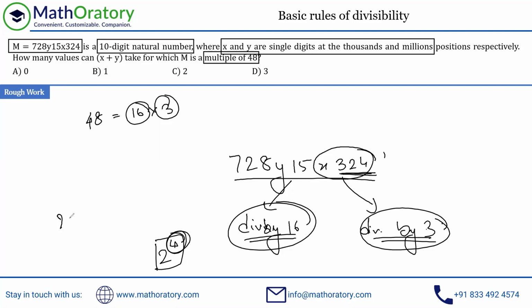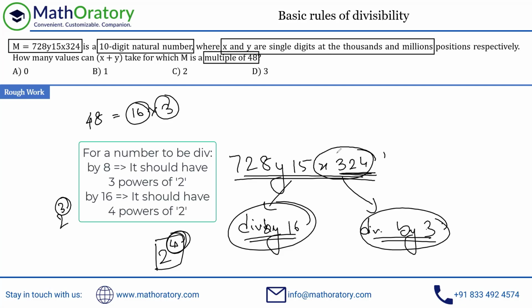Now, x is missing because that is not given to us. But I noticed this 324 is present, right? So if you think about 2 cube, it has to be the last 3 digits. I'm not going into why, because that will take a bit of time. I have discussed these kind of things in our lessons. So in this case, if you check the last 3 digits, they are known to us, right? So instead of focusing on 2 to the power 4, I'm focusing on 2 cube, because a number which is not divisible by 2 cube can never be divisible by 2 to the power 4, right?